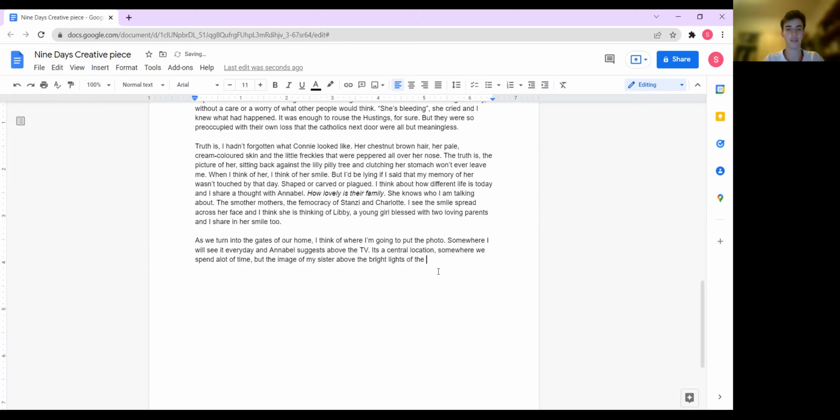lights of the tally. So on the topic of this word tally, television or TV, tally is an Australian slang word for television. Now, this does make Kip sound a little childish because it's generally a word that younger people use. I don't mind it here, but I'd probably consider the voice that I want to give to Kip.